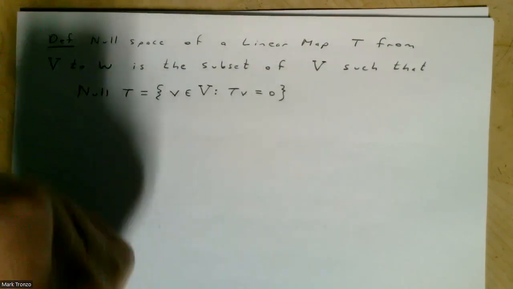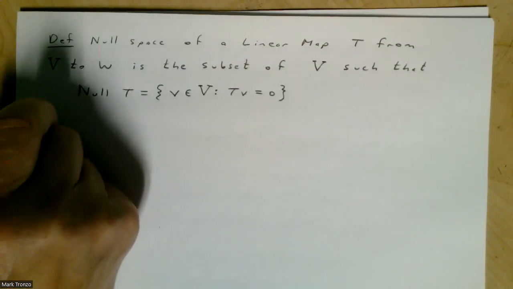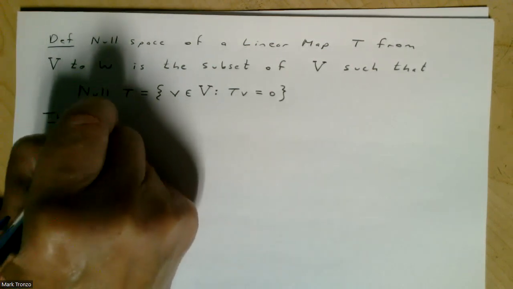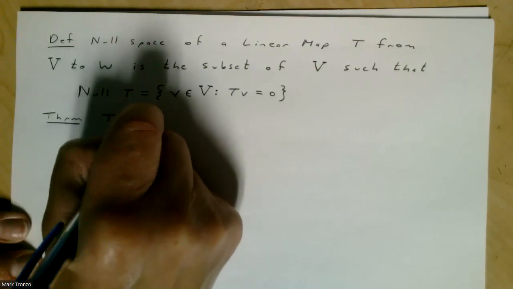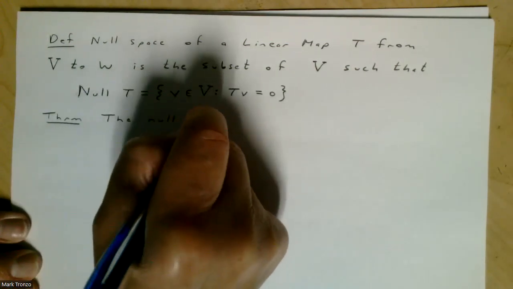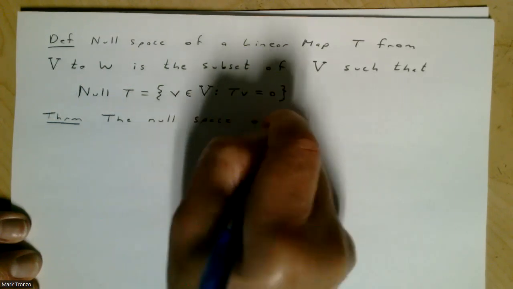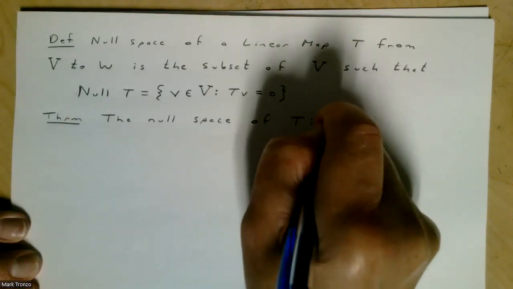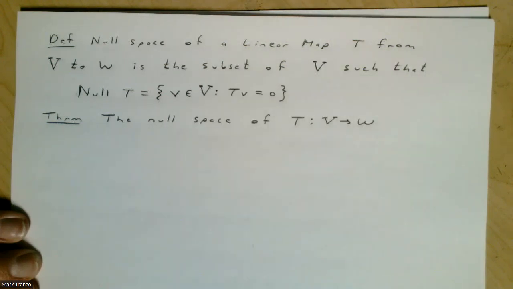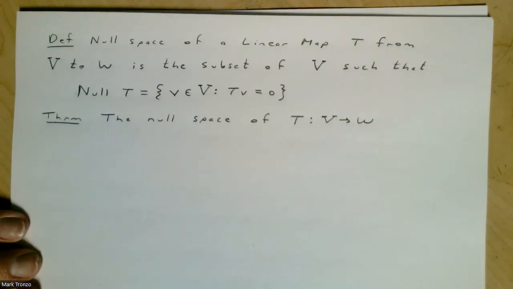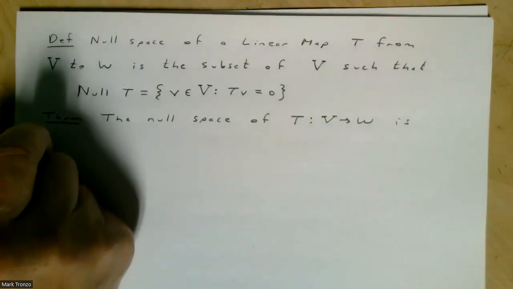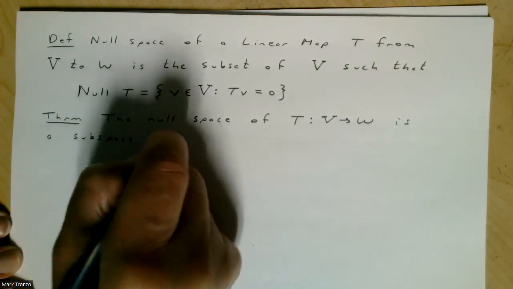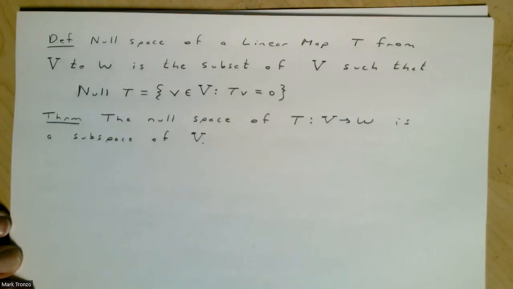And so it's a subset of V, and there's also a theorem that we can say the null space of T, once again, let me put all the details in, the null space of T is a subspace of the vector space V. Not only a subset, it's a subspace.